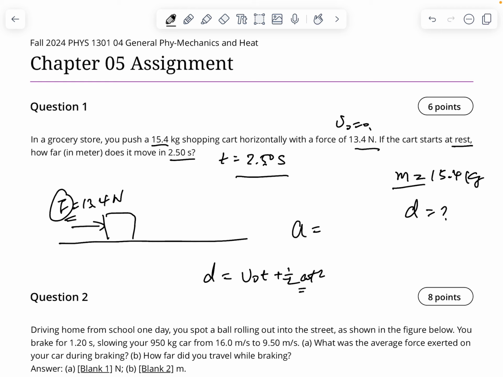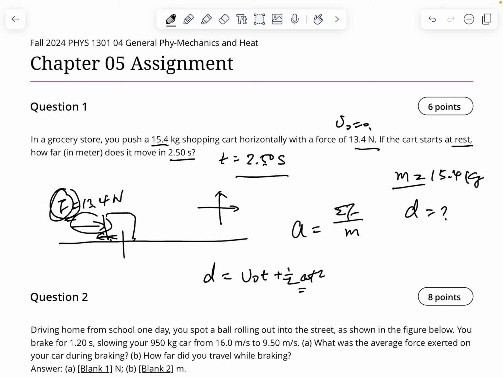You see here, net force over mass, right? And in the horizontal direction, so in the x-axis, this is the only force you have. You're supposed to have a friction, but friction, we haven't talked about friction yet. Okay, so there's only the force in the x-axis.